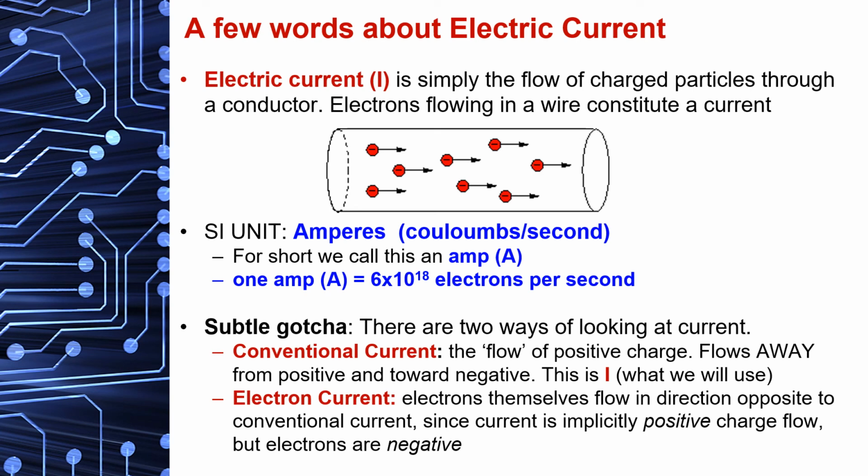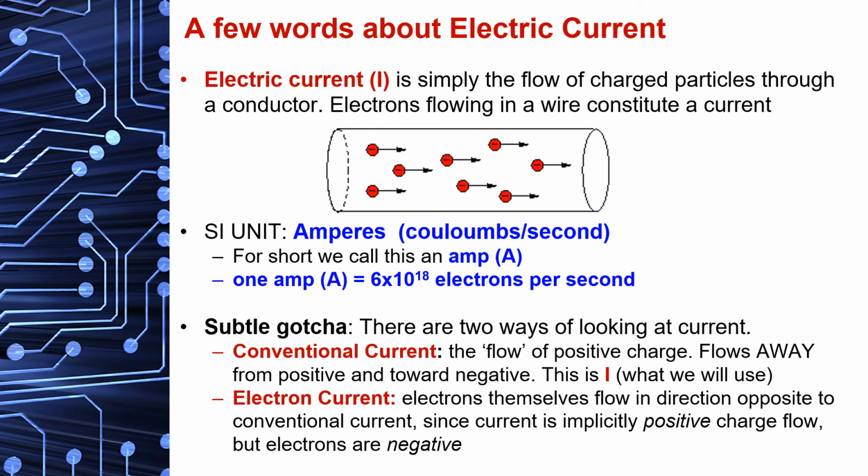Now, when we have talked about current in the past in physics, there have kind of evolved 2 different ways of describing current. We're going to use the one that is called conventional current. In conventional current, we kind of think about the flow of positive charge. Now, this isn't quite right because remember, it's not the protons that are moving, it's the electrons.